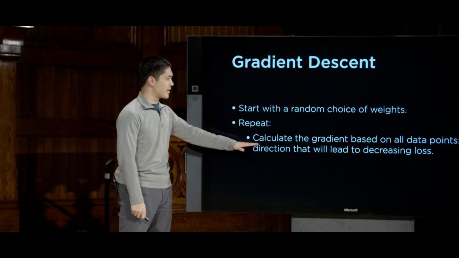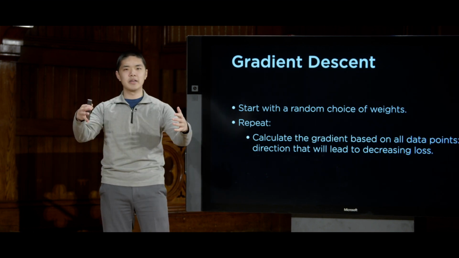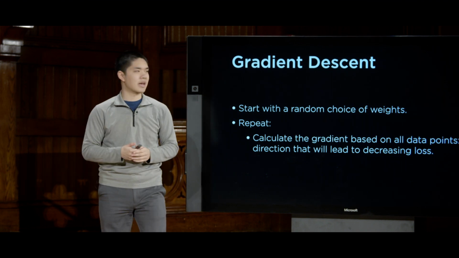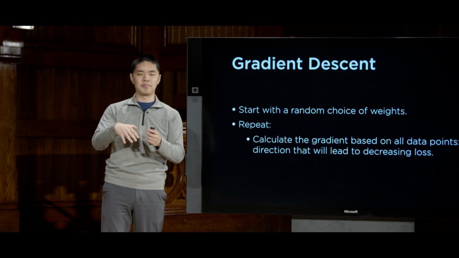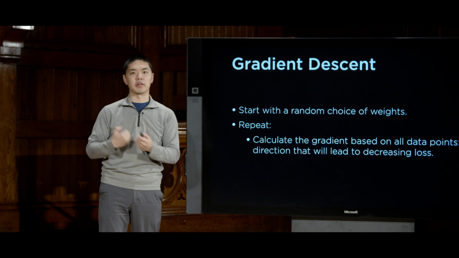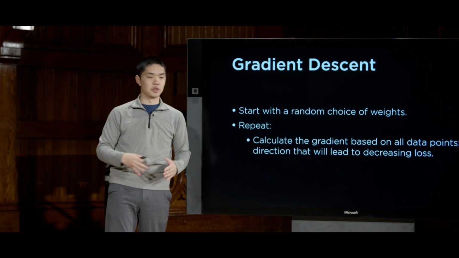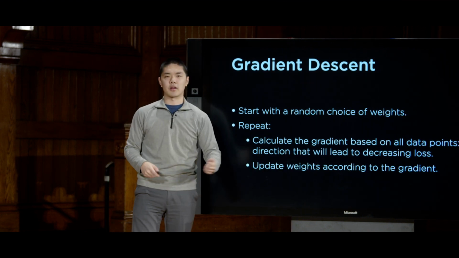The first step is to calculate the gradient based on all of the data points. We'll look at all the data and figure out what the gradient is at the place where we currently are for the current setting of the weights, which means in which direction we should move the weights in order to minimize the total amount of loss, in order to make our solution better. Once we've calculated that gradient, we can update those weights according to the gradient.